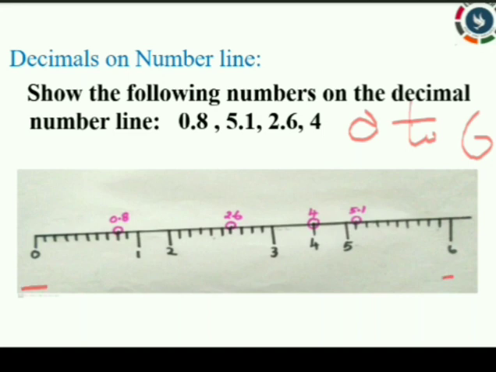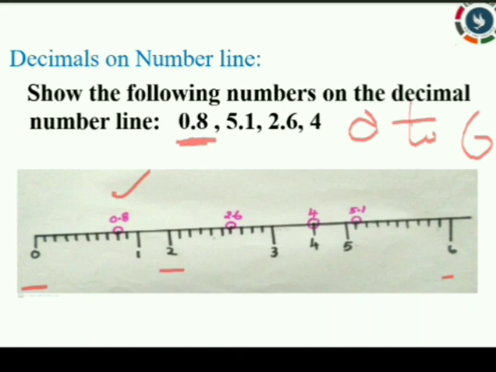First draw 0. You are having 0.8. So you have to divide from 0 to 1 into 10 equal parts. Your 8th line is your 0.8. Next, do you have anything in 1.1 like that? No. So directly after 1 you can draw number 2.